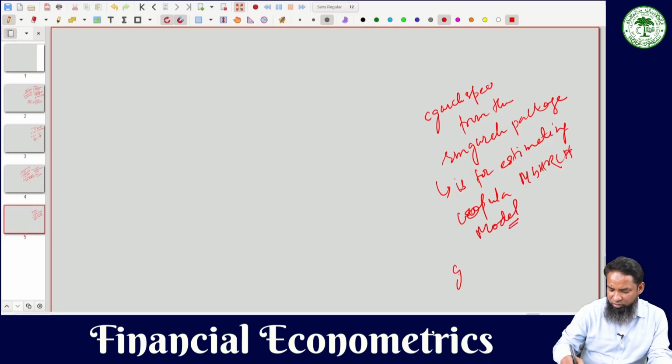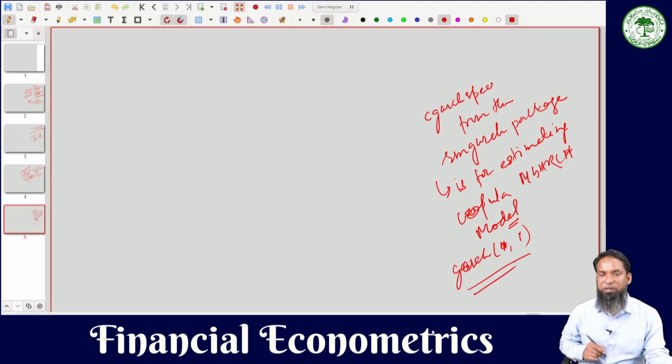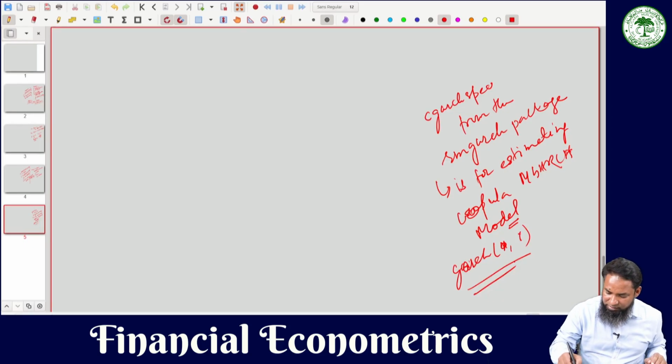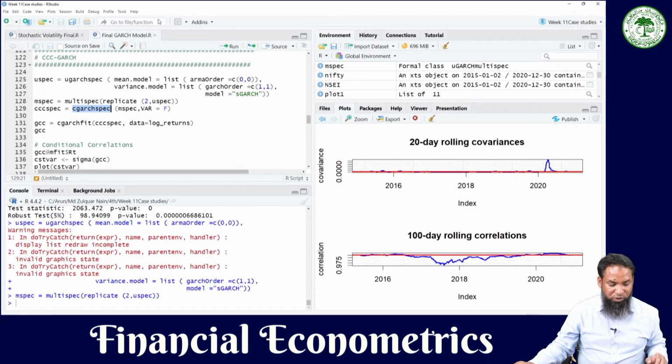However, if you give only the GARCH specification, not any other specification, then this becomes equivalent to the constant conditional correlation multivariate GARCH model. So therefore we are using the GARCH spec. Otherwise the C GARCH is basically for the copula GARCH specification. So this we have done.